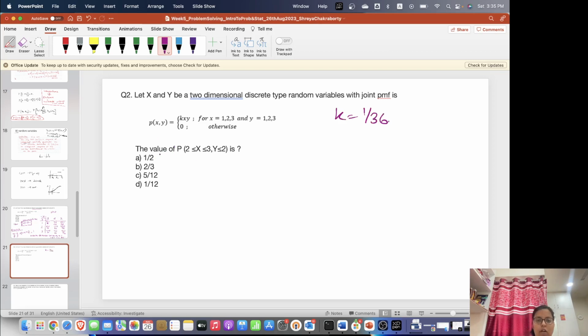Now we have to find out the value of probability 2 less than or equal to x less than or equal to 3 and y less than or equal to 2. In a discrete space, x can take values 2 and 3, and y can take values less than or equal to 2.